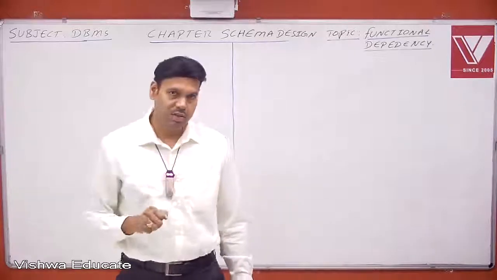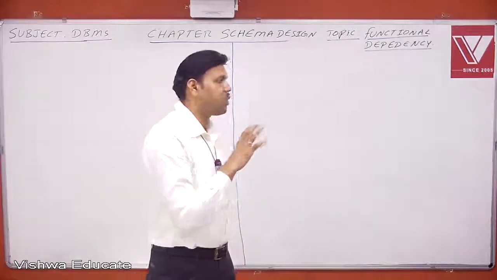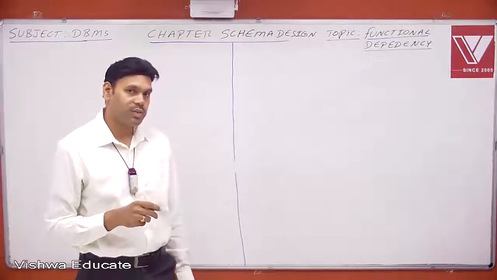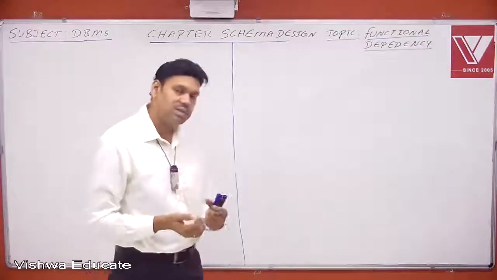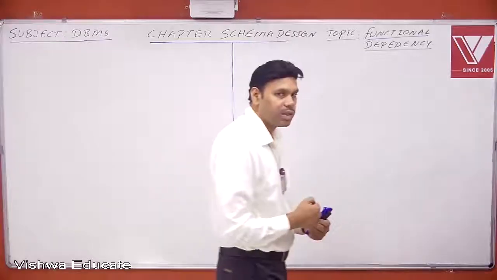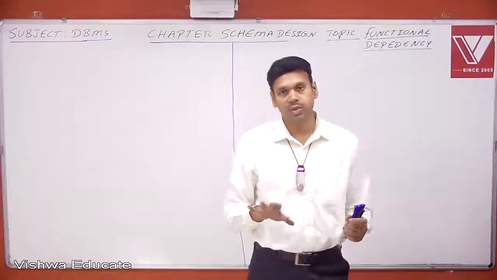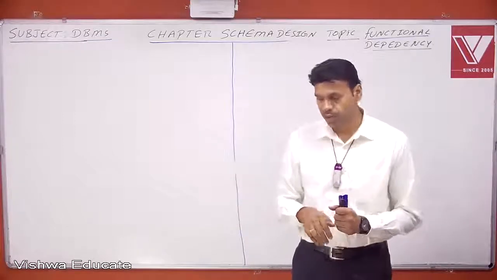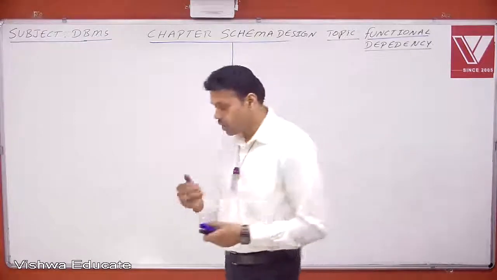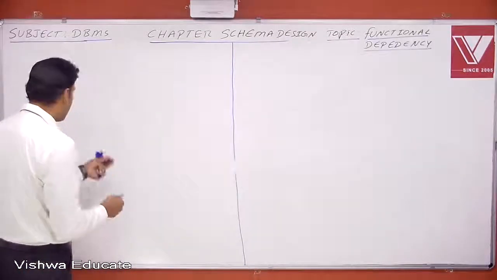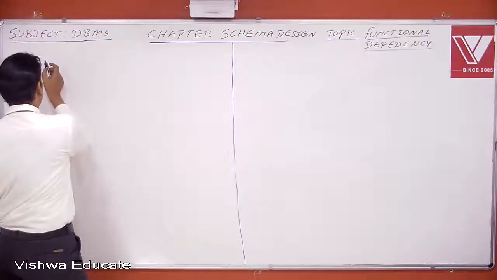So in the last session, I provided some of the rules of Armstrong axioms. Now in this session, we will conclude them so that the functional dependency topic is completed. So what are the Armstrong axioms available?